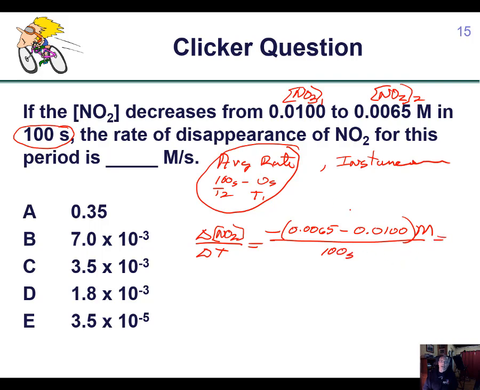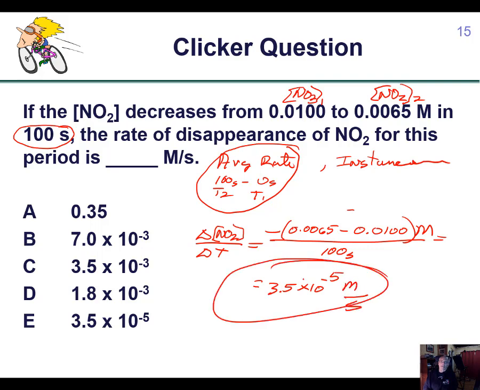We're going to get a negative sign up here, times a negative sign, which gives us a positive, and we wind up with 3.5 times 10 to the minus 5 molar per second. And that's our average rate of disappearance of NO2 over time. All right, so let's move on.